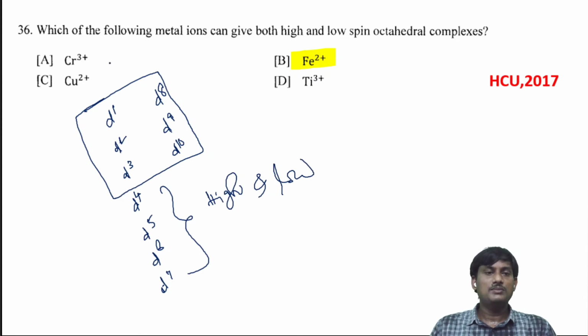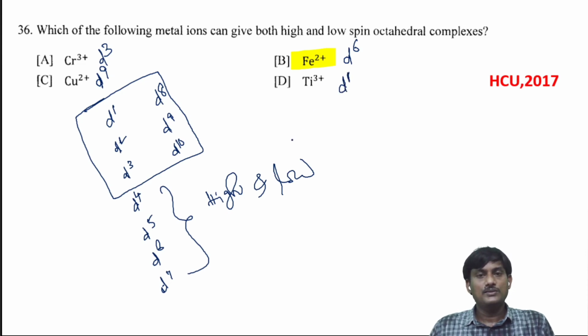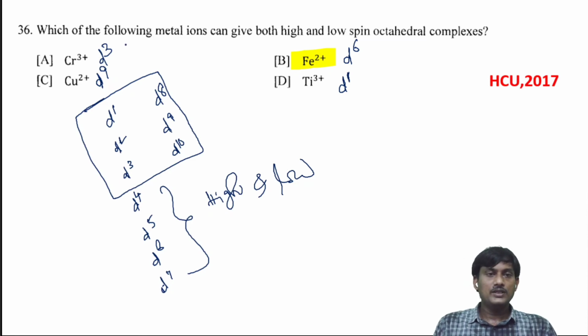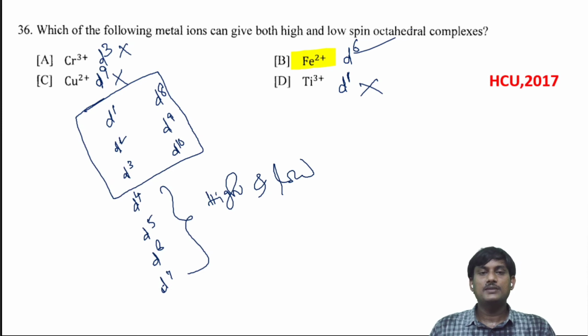Cr3+ is d3, Fe2+ has d6, Cu2+ has d9, and titanium 3+ has d1. So d3, d9, and d1 cannot exhibit both, but d6 can exhibit both high spin and low spin.